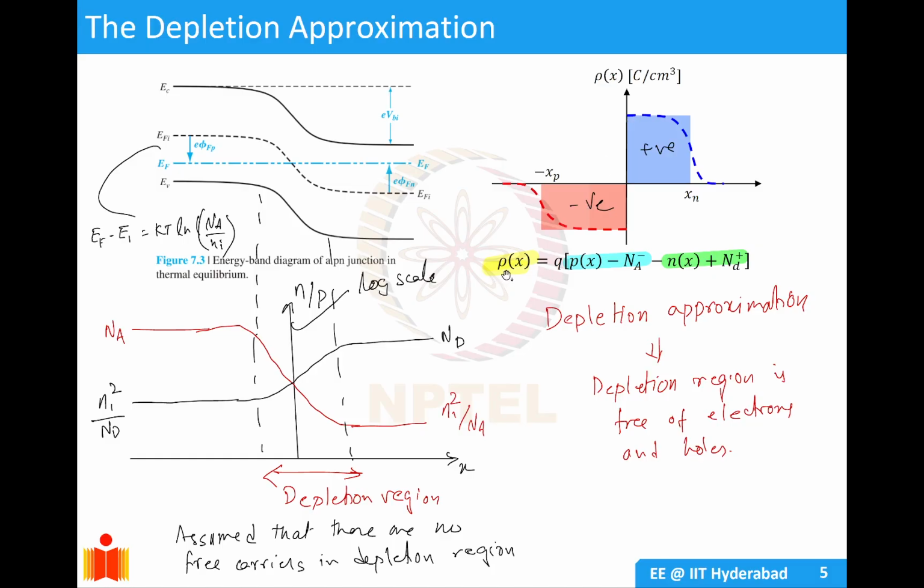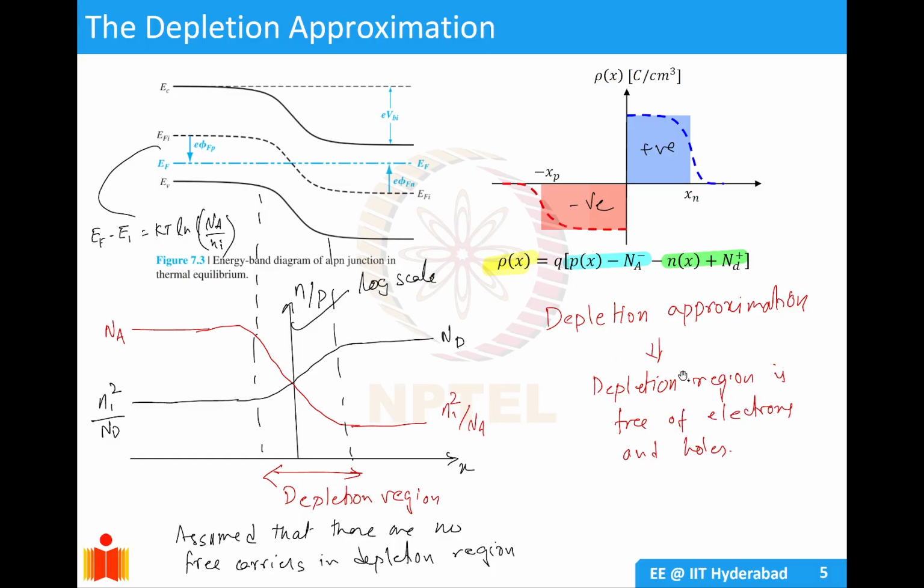So your ideal equation for your charges is given as Q P of x minus Na minus Nx plus Nd, Na minus and Nd plus.